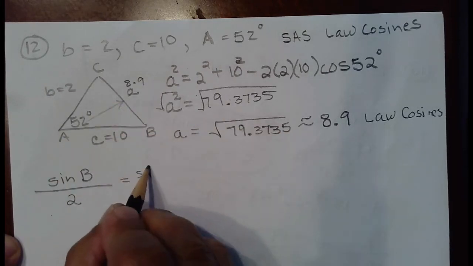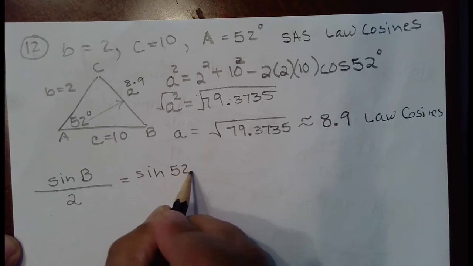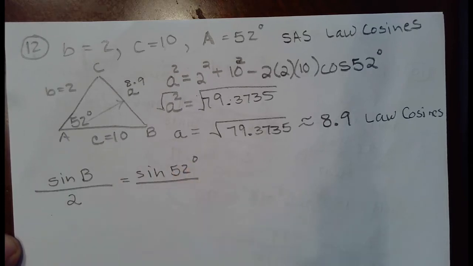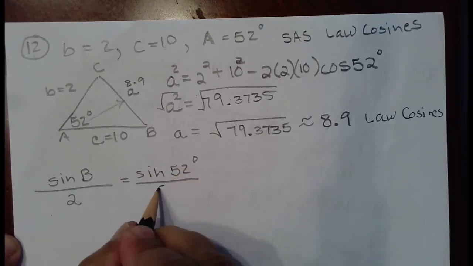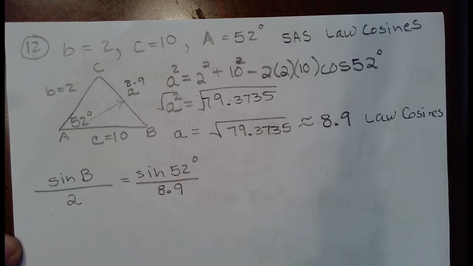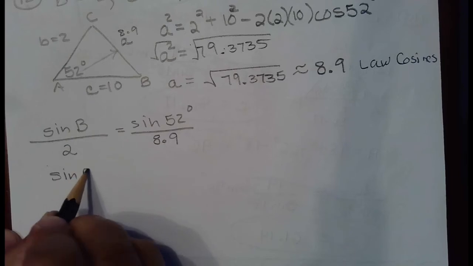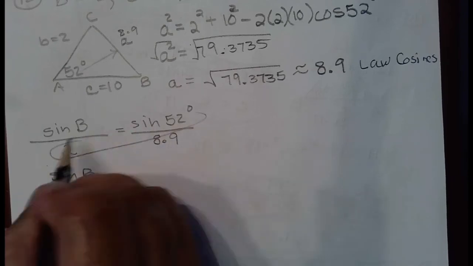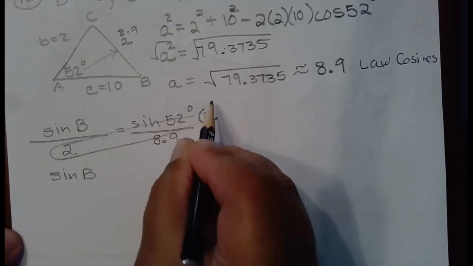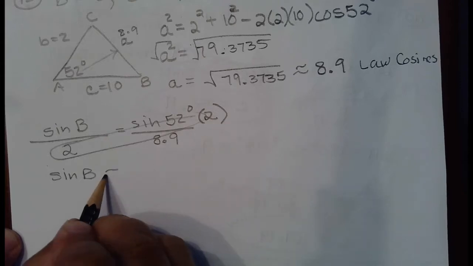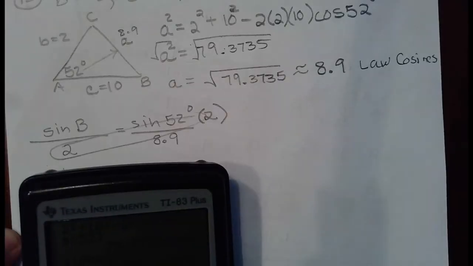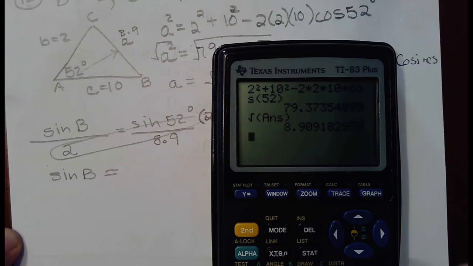So this will be sine of 52 times 2, that's in the numerator, divided by 8.9. So this is 0.17708, but we want to get angle B, so we need to do the inverse of that decimal.